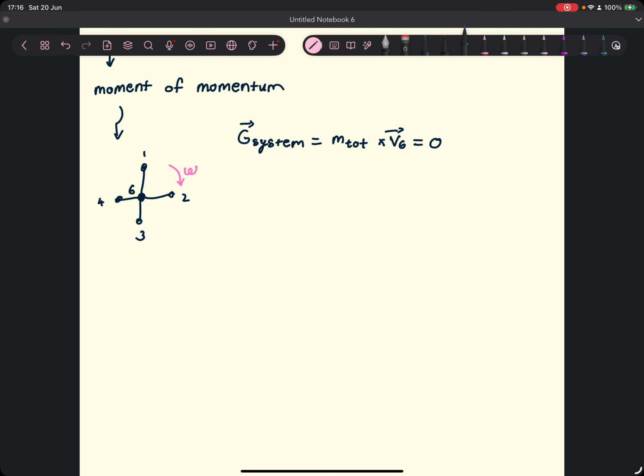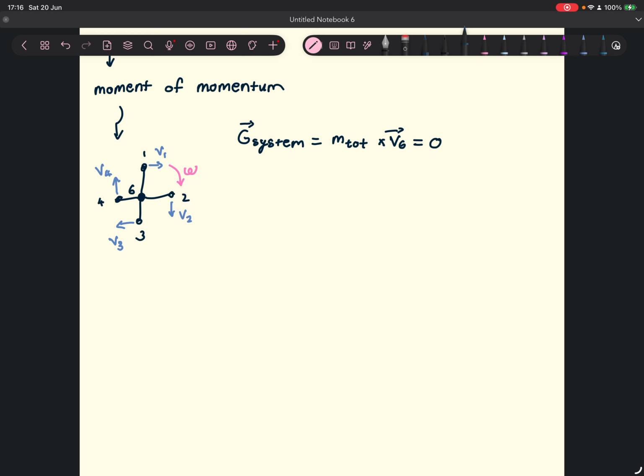Yeah, hope that kind of makes sense. So if this thing is rotating in this direction, then you'd have V2 going in that direction, V3 going in that direction, V4 in that direction, and V1 in this direction.